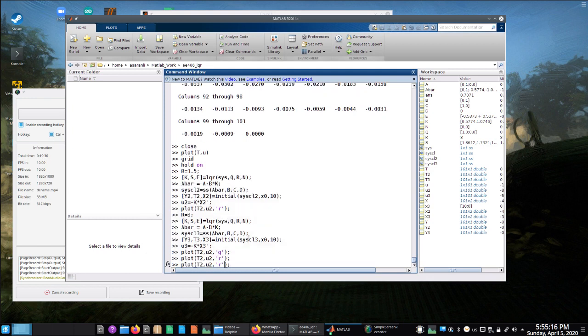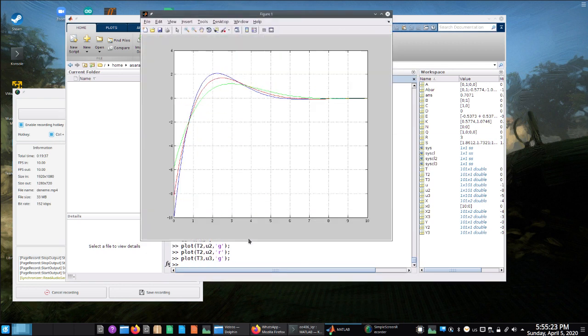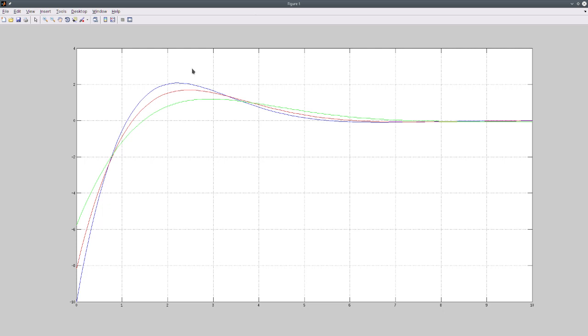I'm gonna plot T3, U3, and now with a green color. Okay. So you see that, and let me maximize this. So you see that as I increase R, clearly, I get smaller and smaller inputs. That means less aggressive responses in each case.